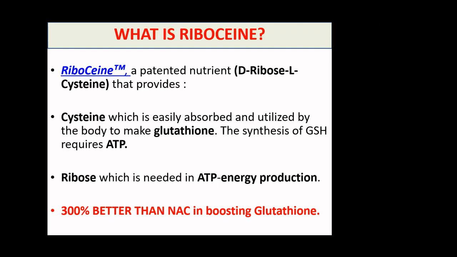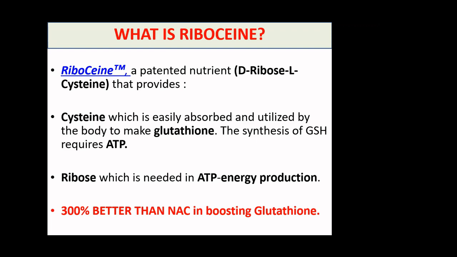Okay, three terms there: D-ribose-L-cysteine, ribocysteine, and ribosine. Cysteine, which is easily absorbed and utilized by the body to make glutathione, is now available, right, through ribosine.